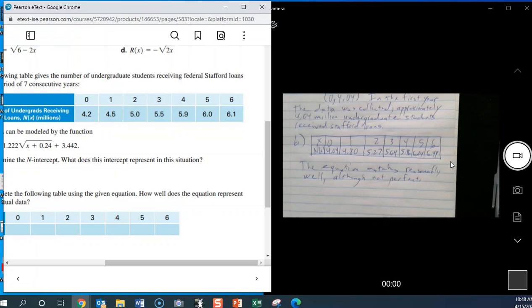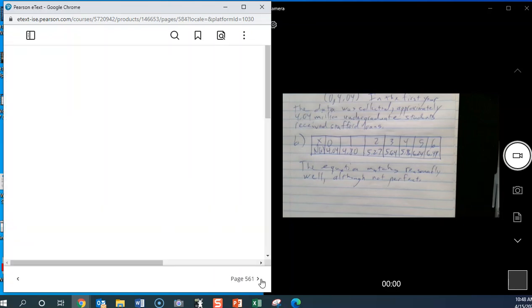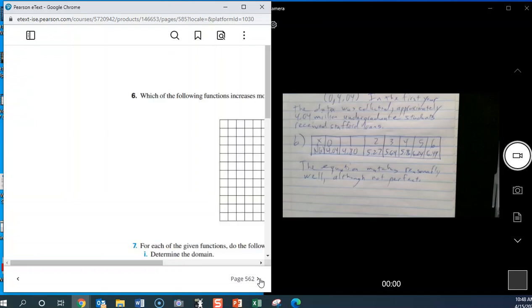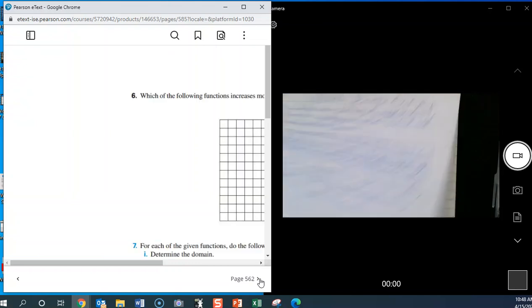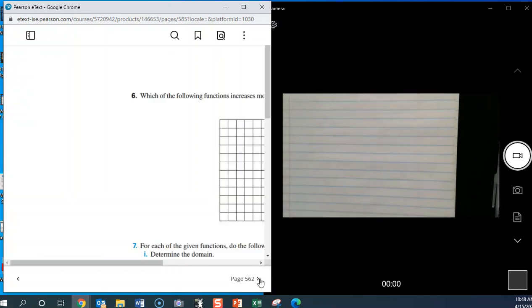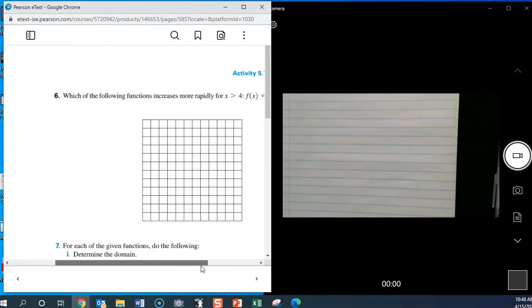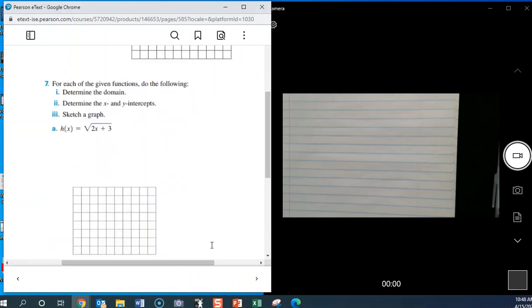Okay, so now we move on to problem number 7, which is on page 561. All right. So with problem number 7, let's see, it says for each of the given functions, do the following.